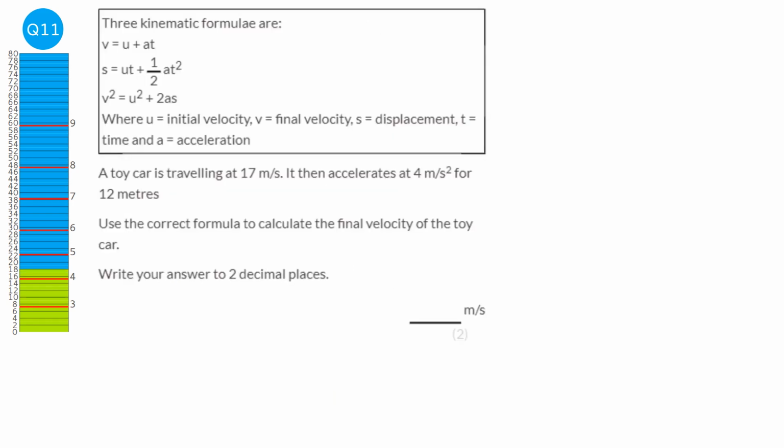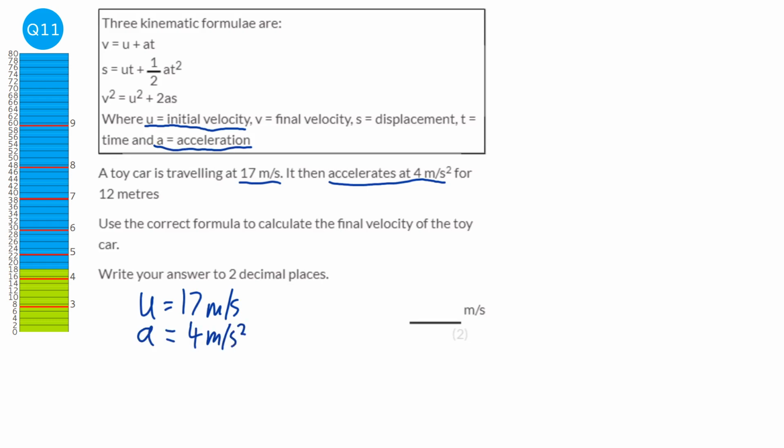We're going to start this question by writing down what we know. So the toy car is travelling at 17 meters per second initially. So the initial velocity or initial speed is 17 meters per second. It accelerates for 4 meters per second squared. So acceleration is going to be 4 meters per second squared.